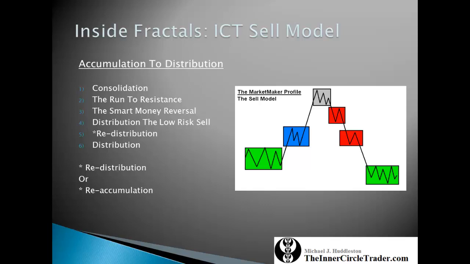But overall, between those three fractal patterns, they make up the larger one. So it's important that you understand that we're basing this entire premise on the inherent nature for price action to be fractal in a generic term.